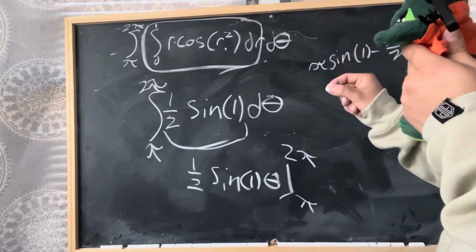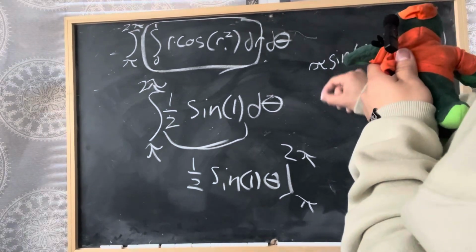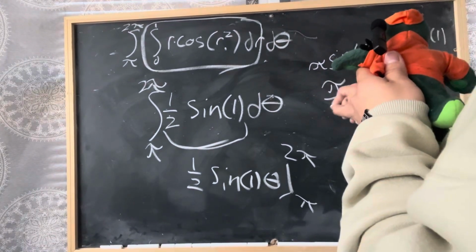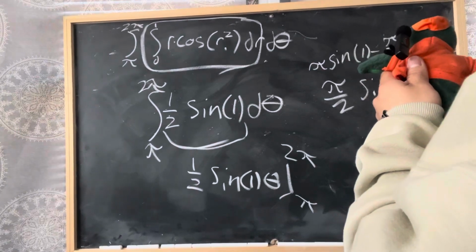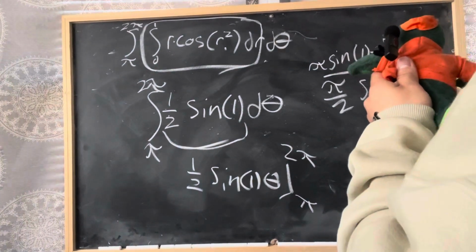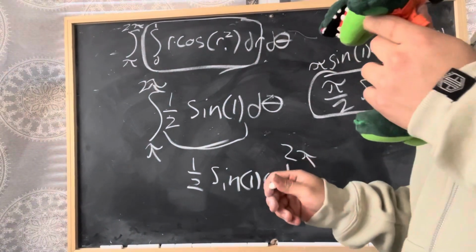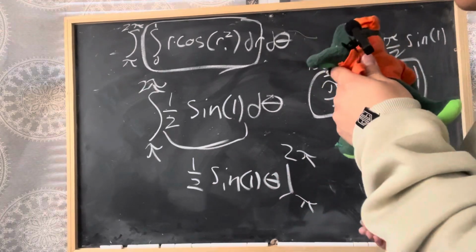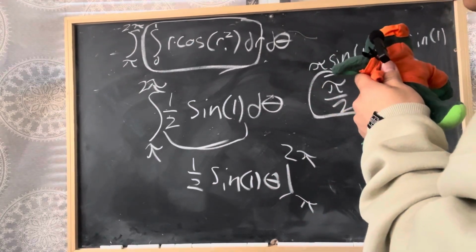And then we just do that simple subtraction, and we end up with pi over 2 sine of 1 as our final answer. And yeah, that would have been way easier than trying to learn complex analysis, because we like our lives.